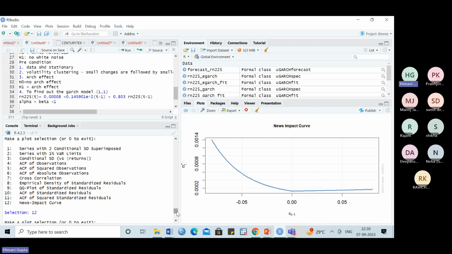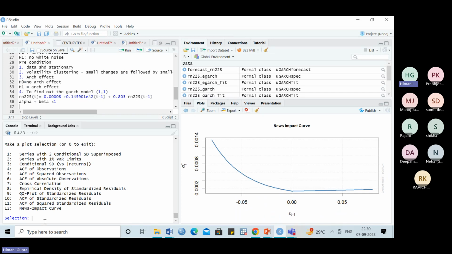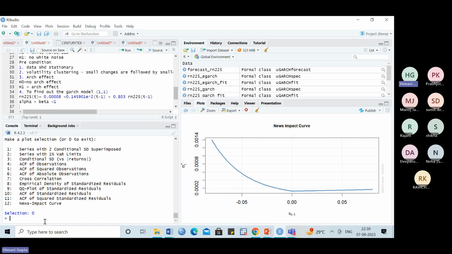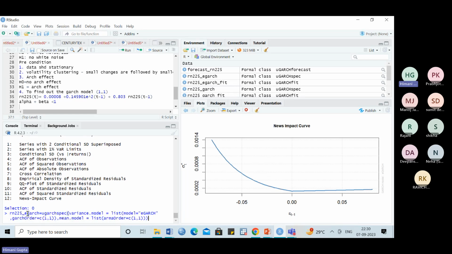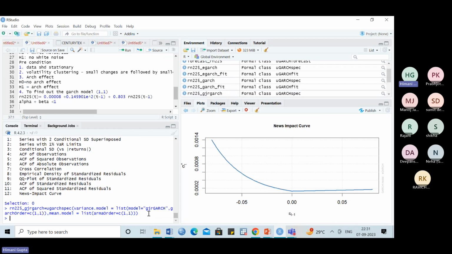Now let's go with the GJR GARCH also. Again, your same conditions are there. Now what I am going to do, I don't have to change any command. I'll just write GJR GARCH over here, and over here instead of EGARCH, you just write GJR GARCH. Everything remains same. Now you GARCH fit, let's say GJR GARCH, and again also I have to change GJR GARCH.